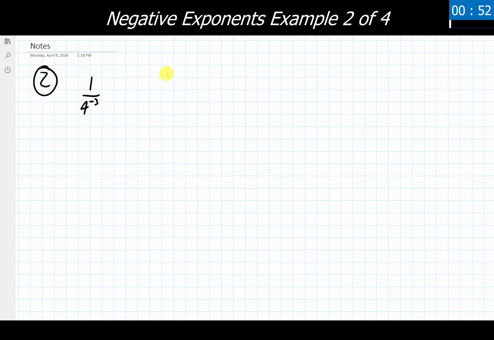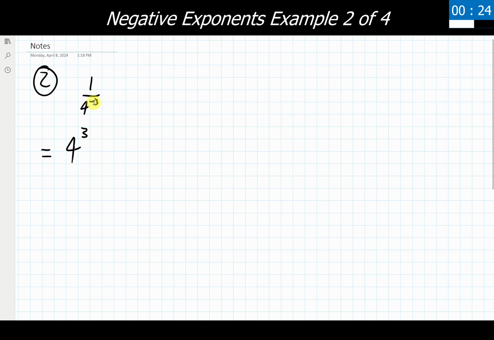In our second example, we have 1 over 4 to the negative third power. Again, if I'm going to apply that negative exponent, I'm just going to work with the negative sign first, which is going to flip where this base is in my fraction. So the 4 is going to go from the denominator spot into the numerator spot. This is going to end up becoming 4 to the positive third power.